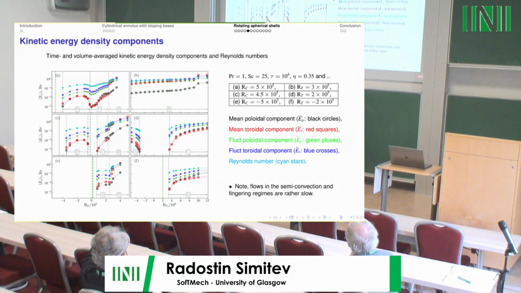Then we're in a region of stability again, and then in a region of instability where we have compositionally dominated overturning convection and thermally dominated overturning convection. One thing to note is that the flows in the semi-convection and the fingering regimes are rather slow, so their kinetic energies are some orders of magnitude smaller than in the overturning regimes.